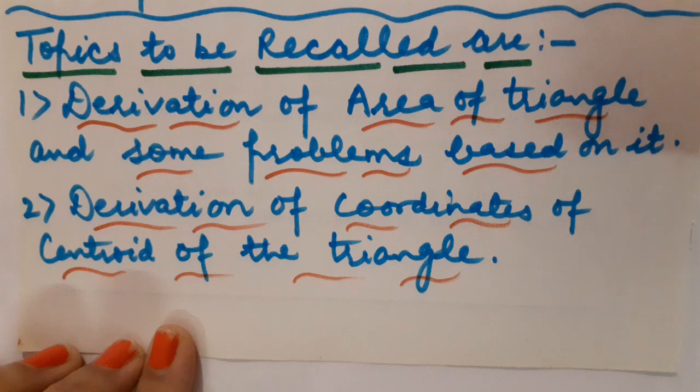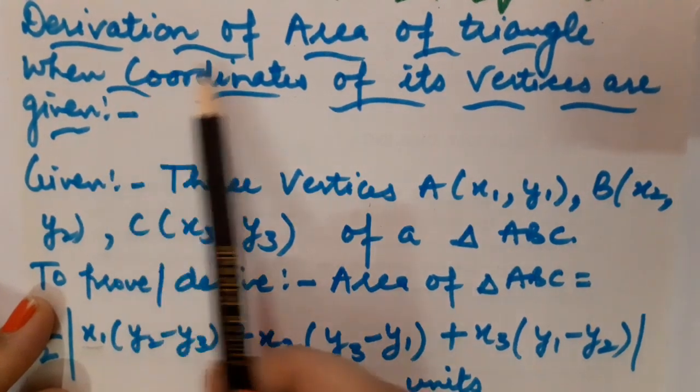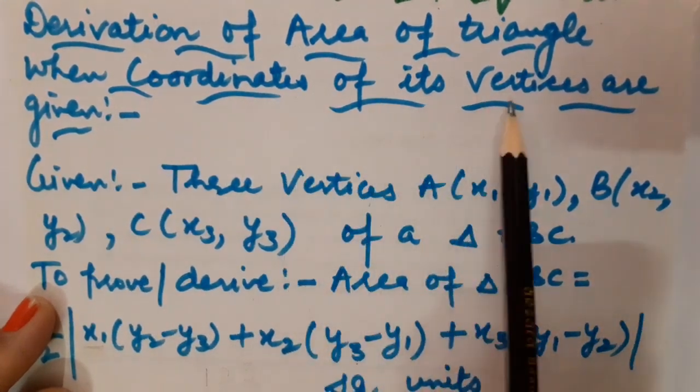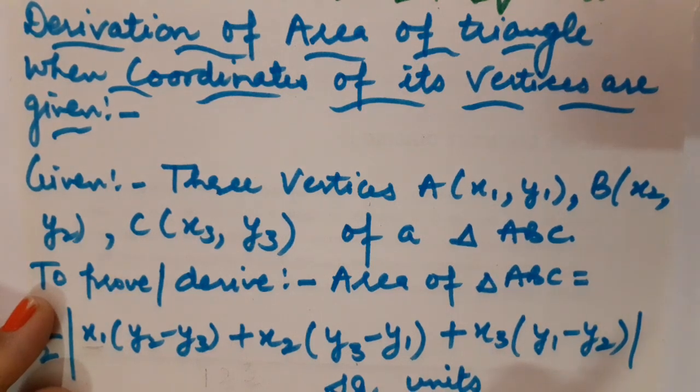Children, you are all aware of the formula of area of triangle, that is half into base into height. But as we are going to deal with the Cartesian plane and coordinate geometry, I am going to teach you a different derivation of area of triangle when the coordinates of its vertices are given. Fine, students? So let us start.